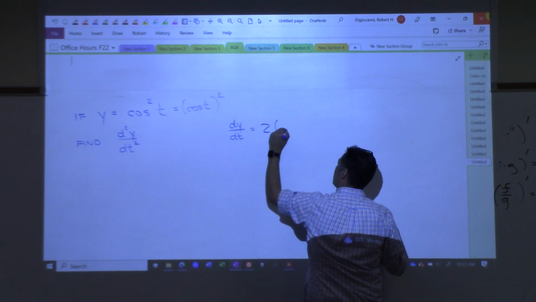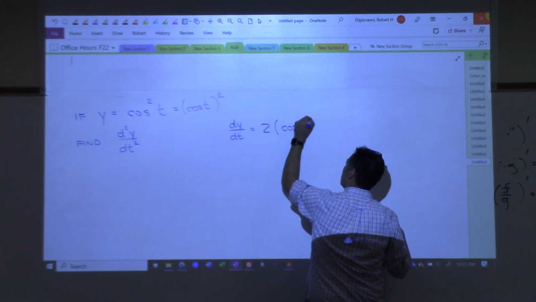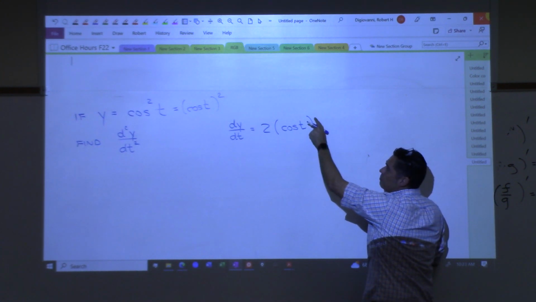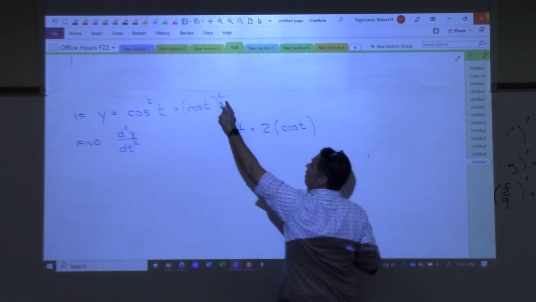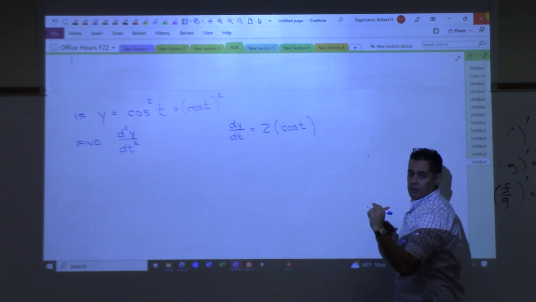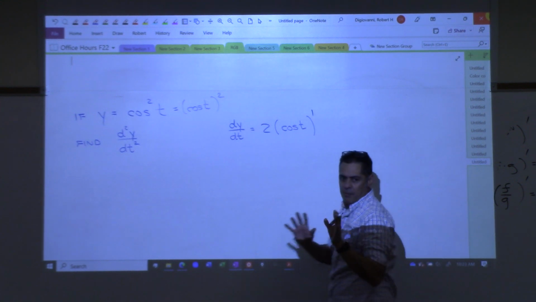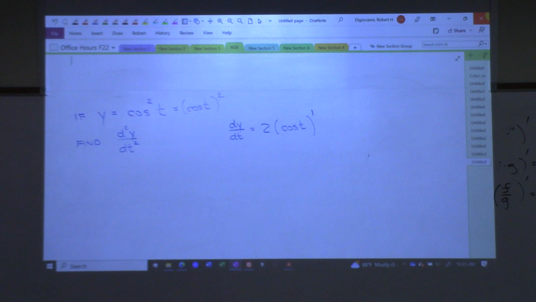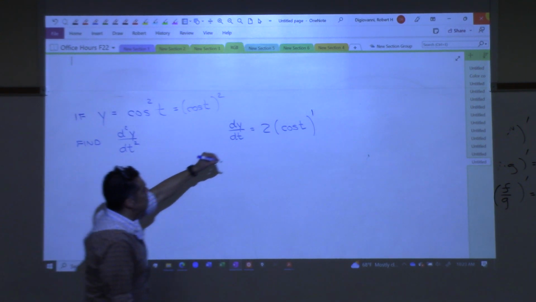And then let's just go ahead and just write it like this. Cosine t to what power? You brought the 2 out, right? This now to the 1, right? I don't need the power there. I'm just showing that's the power rule occurring on the outer layer. And are we done? This is a 1, everyone. This is not a prime.